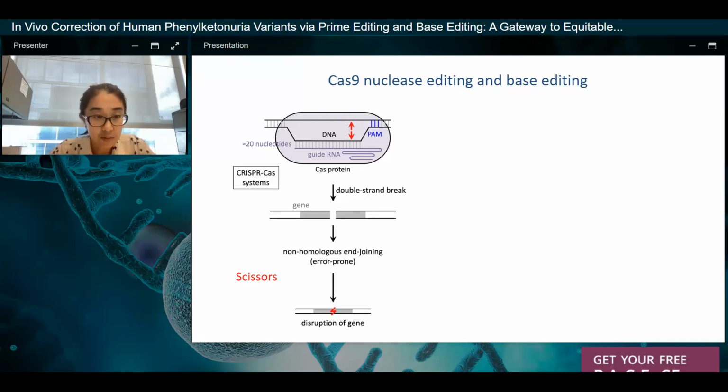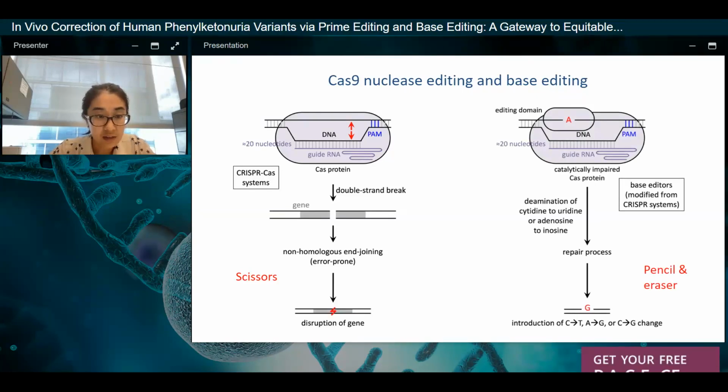This is an error-prone process that results in insertions or deletions, collectively termed indels. If the double-strand break is directed to the coding region of a gene, it would most likely disrupt the gene.